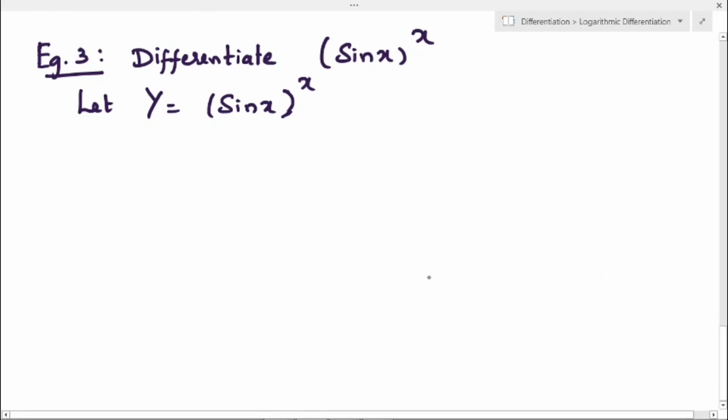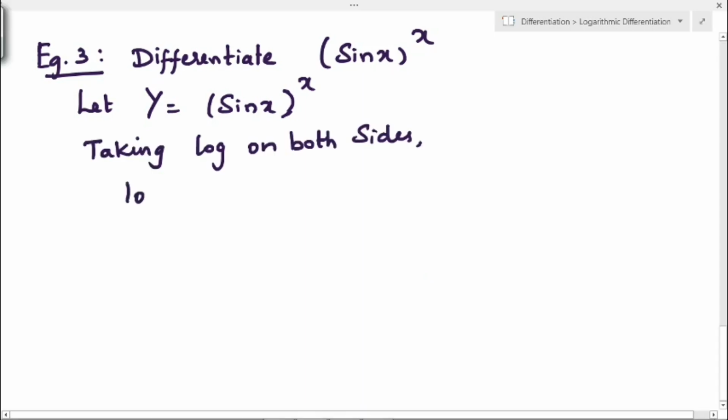Next, third example, differentiate sin x to the power x. So first we have to assume y equal to sin x to the power x. Here also we have sin x and the power x. So both are two different functions. So first we have to take log on both sides, that is log y equal to log of sin x to the power x.